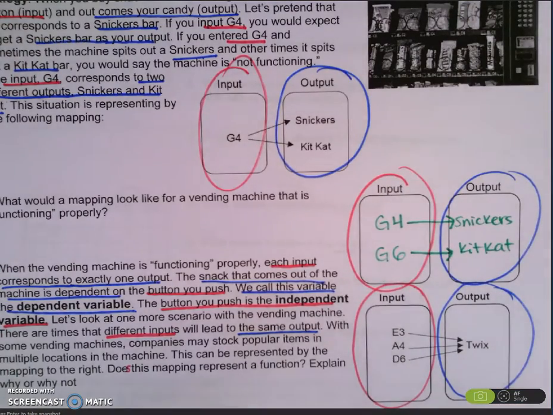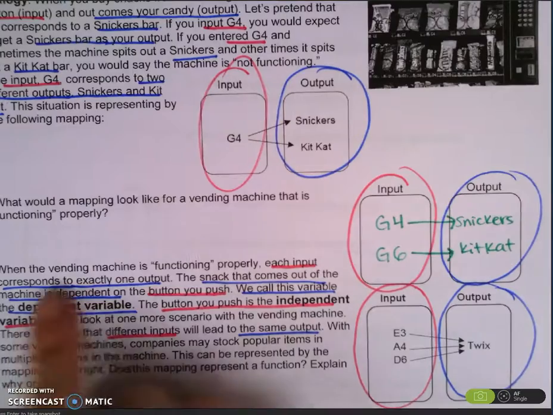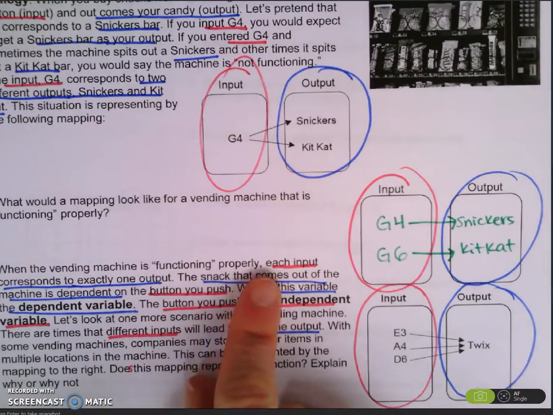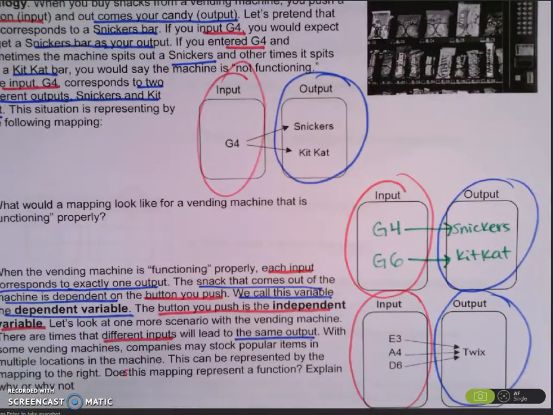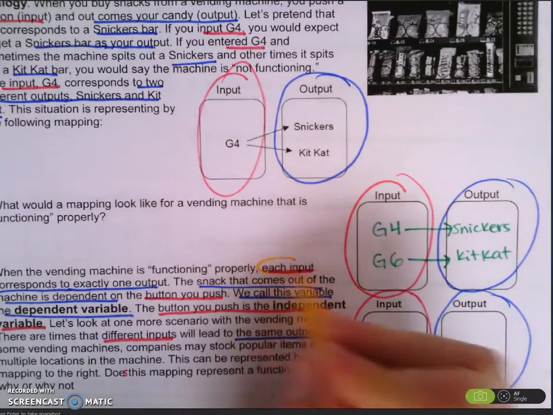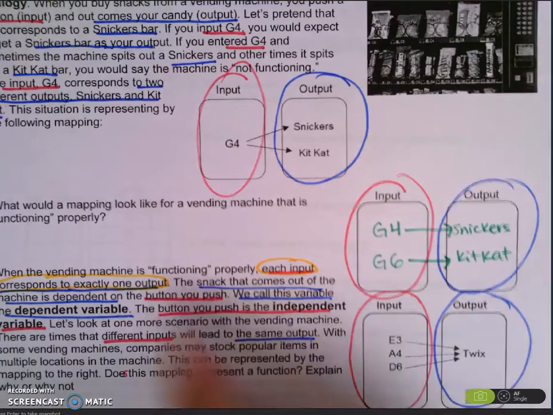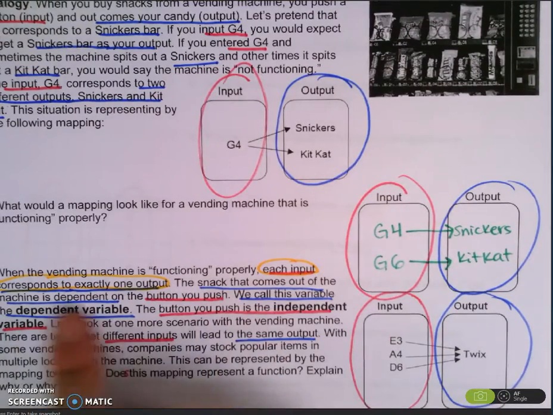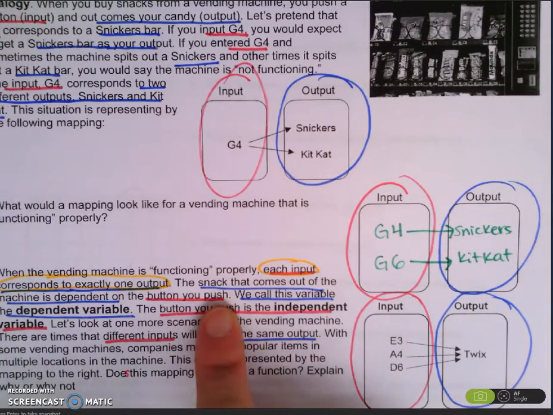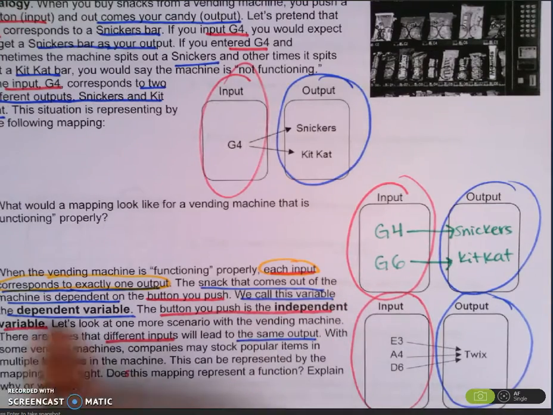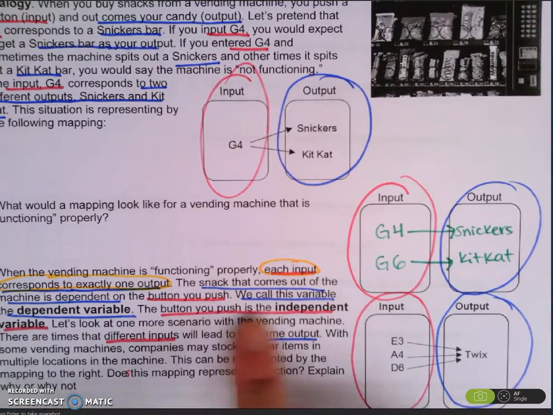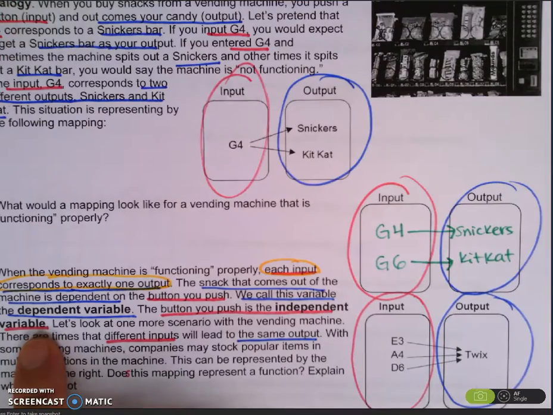Awesome. Let's continue. When the vending machine is functioning properly, each input corresponds to exactly one output. And we talked about that a lot last class for something to be a function. The snack that comes out of the machine is dependent on the button you push. We call this variable the dependent variable. The button you push is the independent variable.